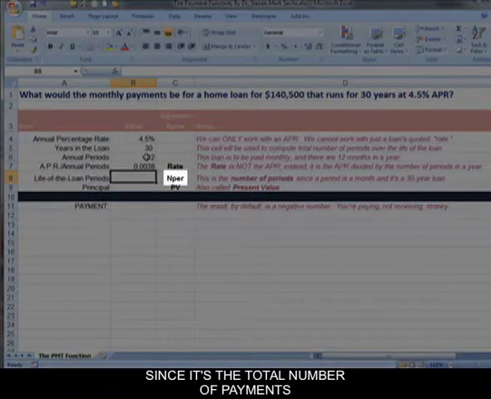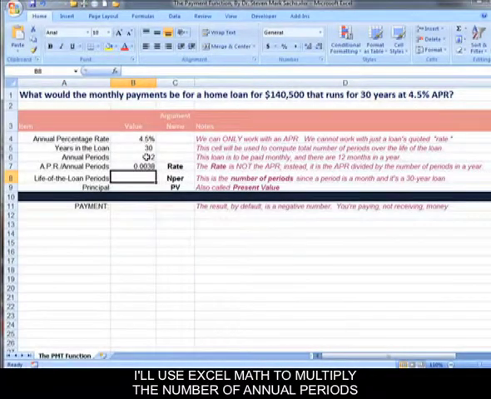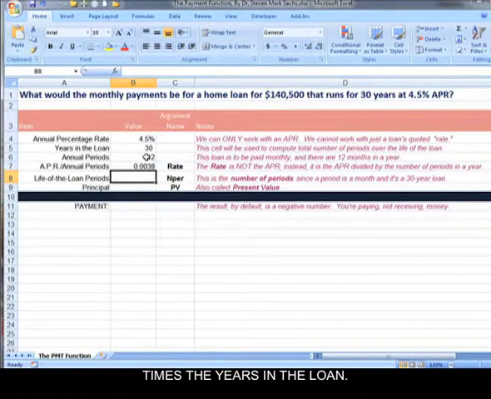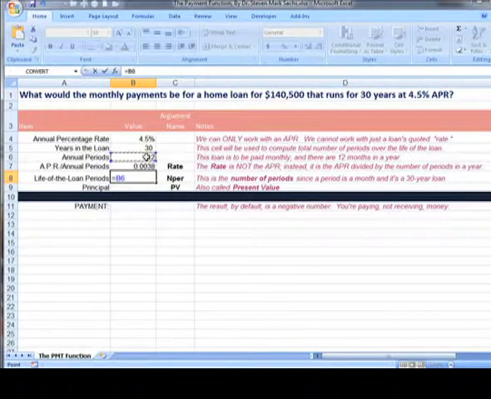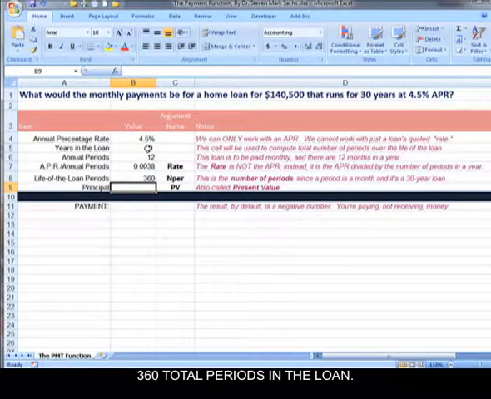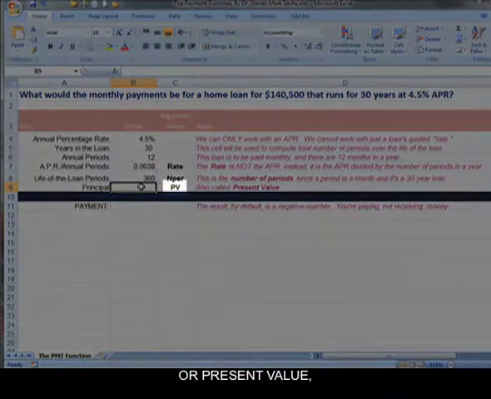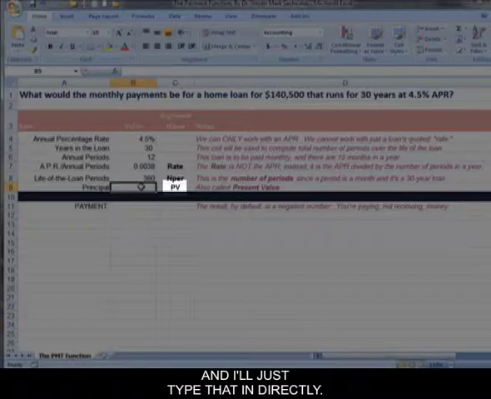Since it's the total number of payments over the life of the loan, I'll use Excel math to multiply the number of annual periods times the years in the loan. 360 total periods in the loan. The principal is the amount that's being borrowed, or present value, and I'll just type that in directly.